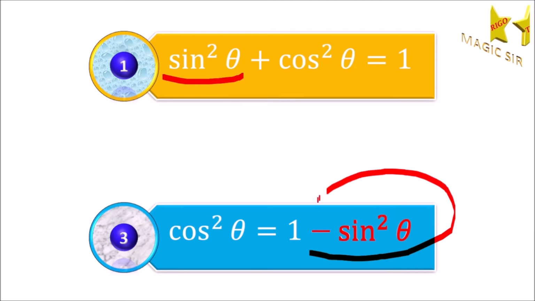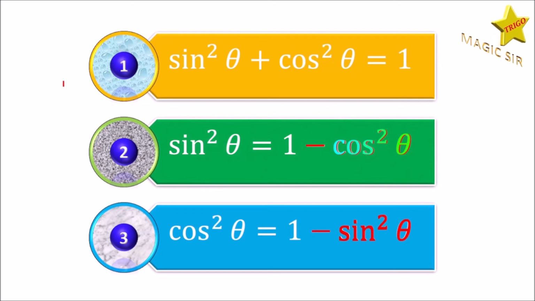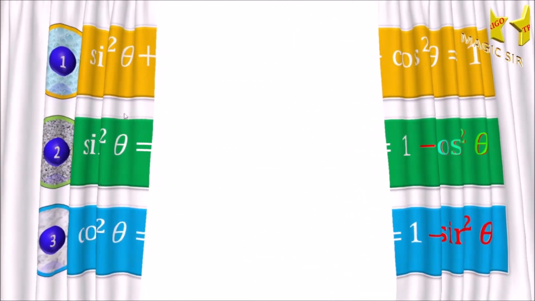So, we can write cos square theta is equal to 1 minus sin square theta. These are three different forms of our first trigonometric identity. We can use any one of these formulas to solve the example or to verify the trigonometric identities.